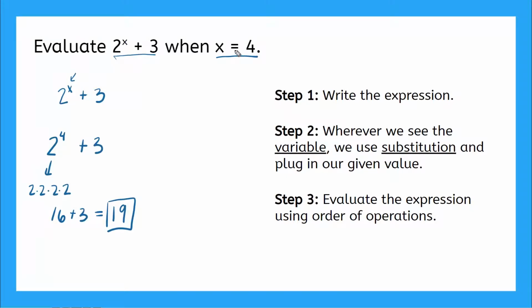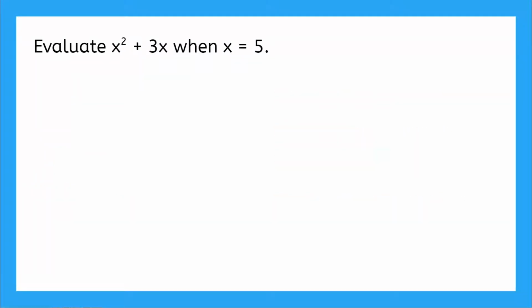Awesome job. Okay, so this one says evaluate x squared. Remember, that is a way of saying x to the 2nd power plus 3x when x is equal to 5. So what do we have in our first term? Yeah, we have an exponent, but this time our variable is the base, not the exponent.